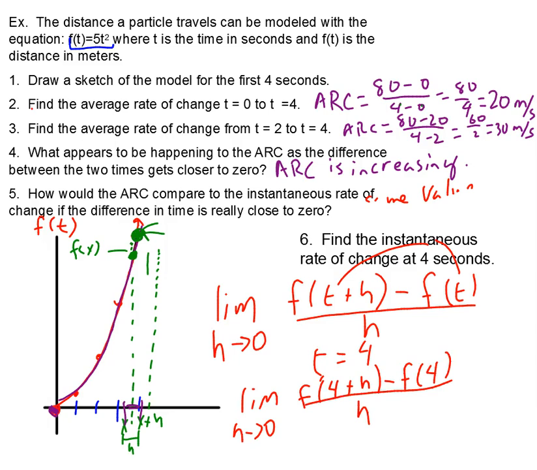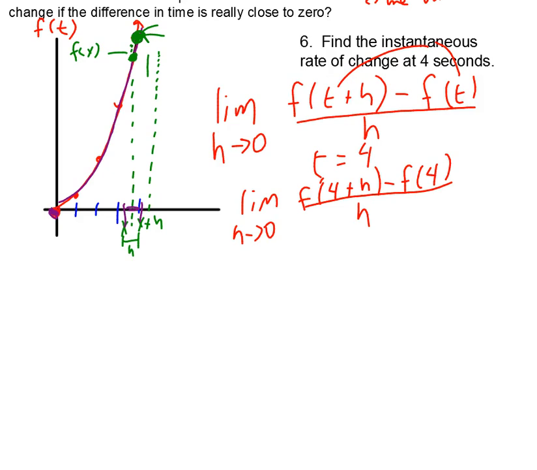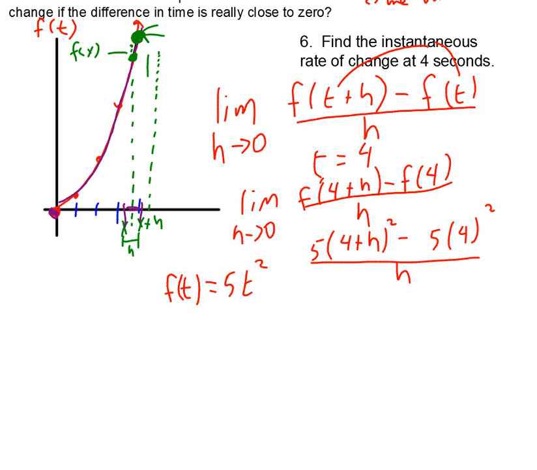Now, doing a little bit of algebra, f of t was 5t squared, so that should be 5 times 4 plus h squared minus 5 times 4 squared, over h. Don't forget that I said f of t equals 5t squared. Remember that if I have f at 4 plus h, that tells me to replace t's with 4 plus h. Agreed? So hopefully this limit makes sense now.